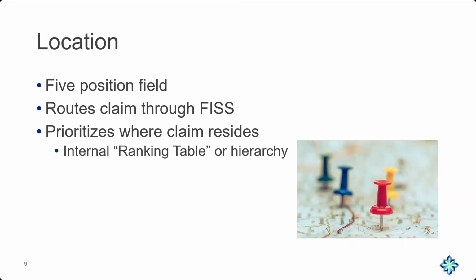DDE prioritizes where a claim resides within an internal ranking table. So there's a hierarchy involved. And that happens when multiple reason codes and therefore multiple status are received. So the system is going to rank those or prioritize those to point the claim to a specific status location.